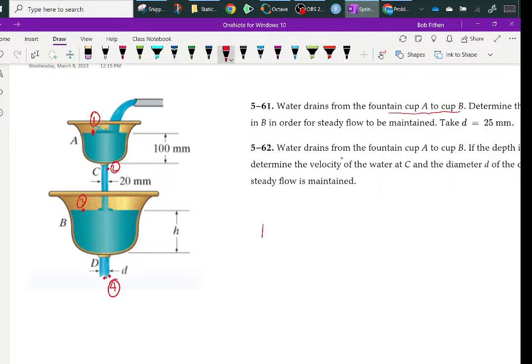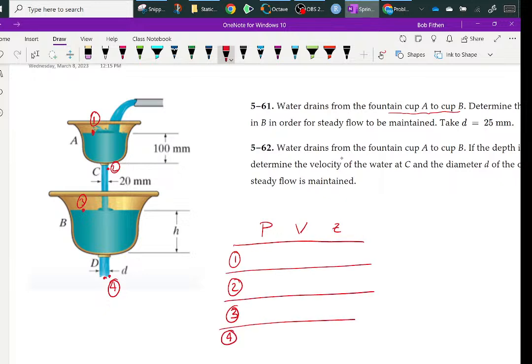So here's the thing. Bernoulli's has this, and the elevation in it. This time I have a location 1, location 2, location 3, and location 4. I don't have to, but I am going to use it, because actually this is multiple problems broken apart.